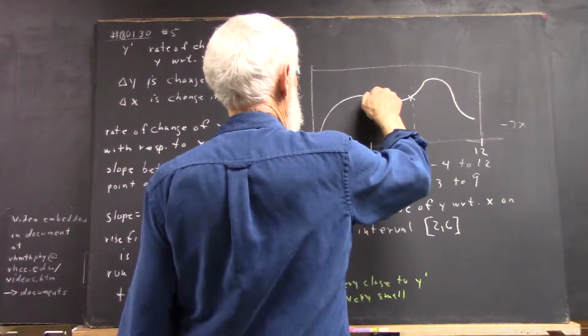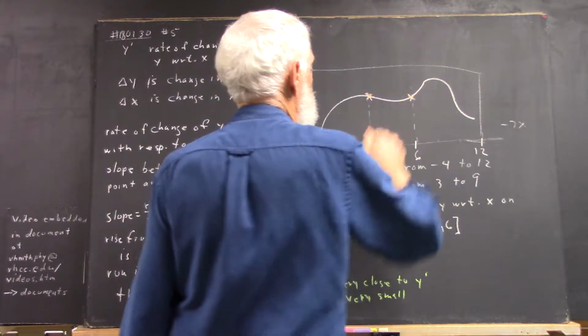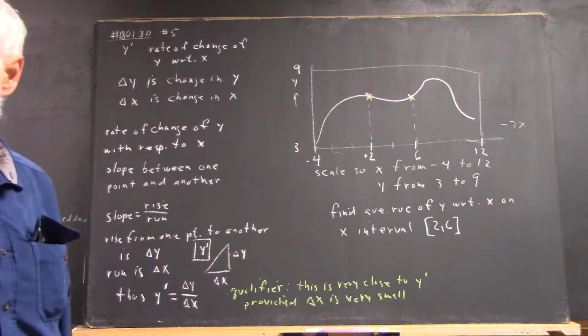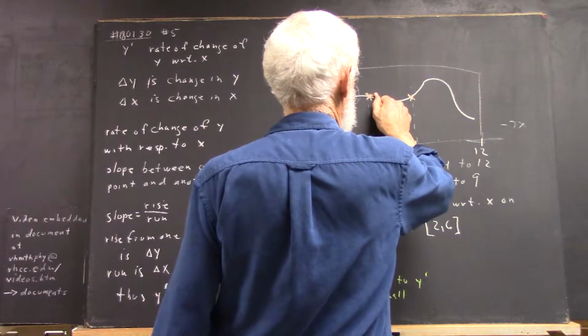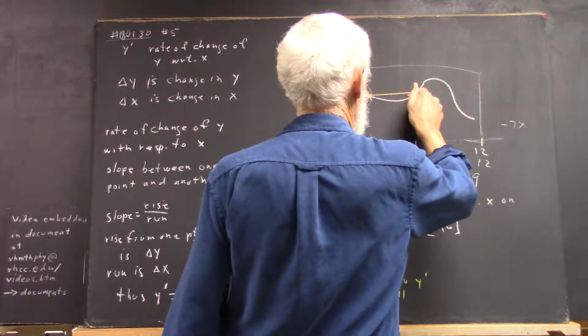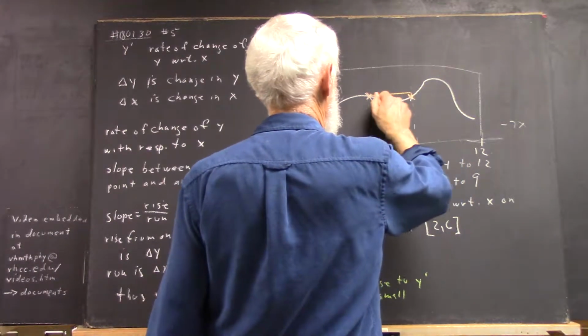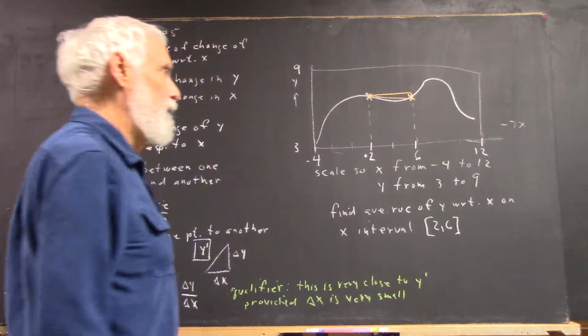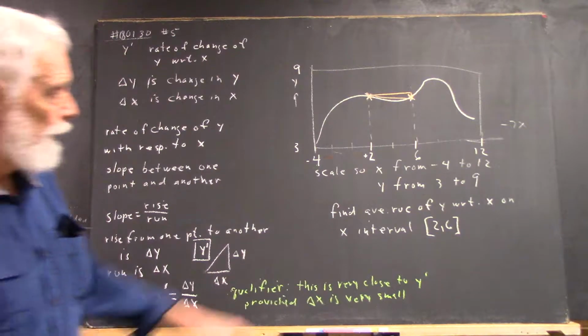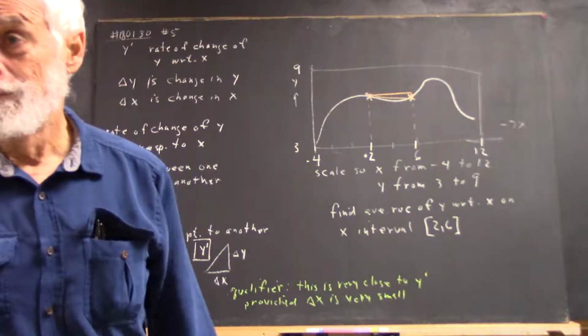Okay, we got this point, then we got this point. Then you draw the fundamental triangle. You go horizontally, you go vertically, and you got a pretty skinny triangle here. And the hypotenuse doesn't look like I drew it all that straight, but you know what it means.